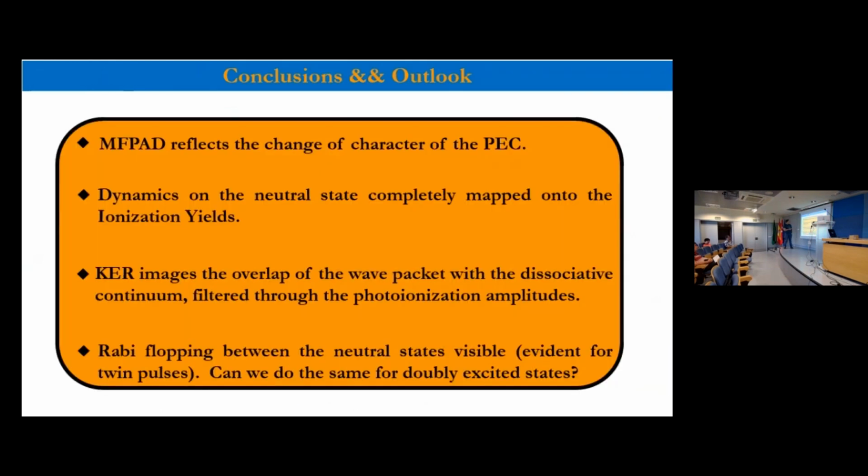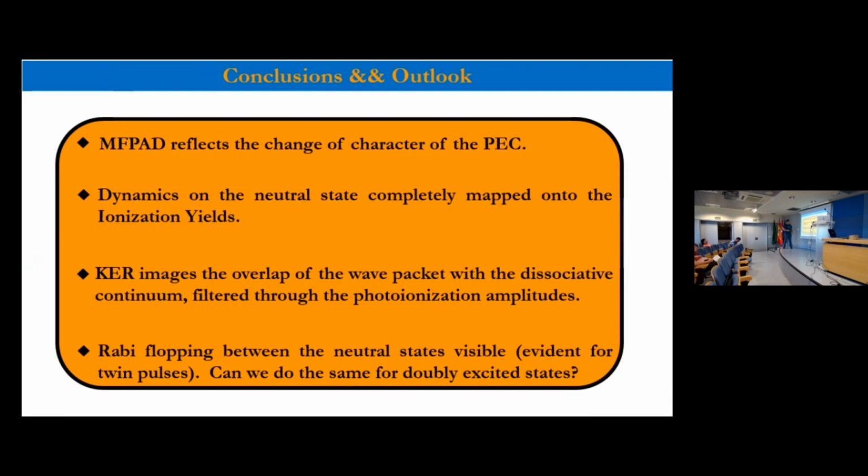Okay. So conclusion of this first part: the photoelectron yields reflect the change of character in the potential energy curve, which, at least, I haven't found any other study that proves this kind of thing. The dynamics of the neutral state is completely mapped onto ionization yields as long as you're using correlated methods.